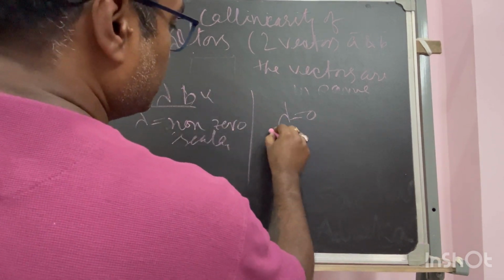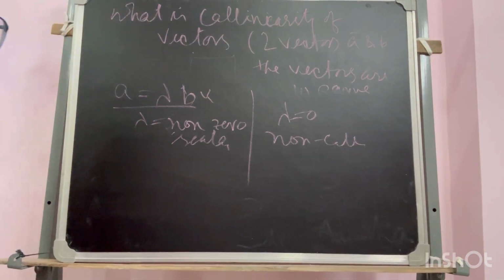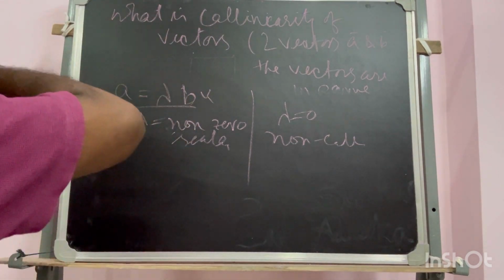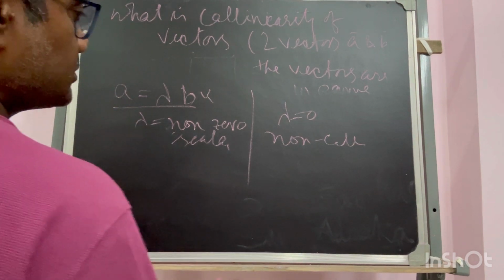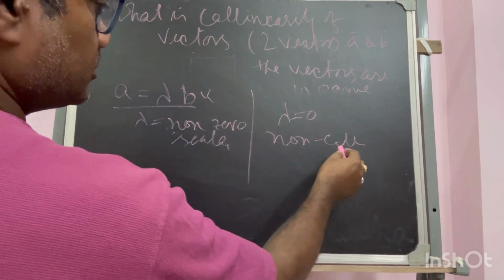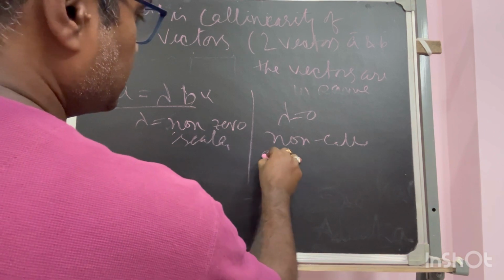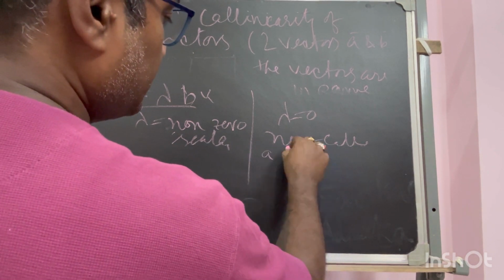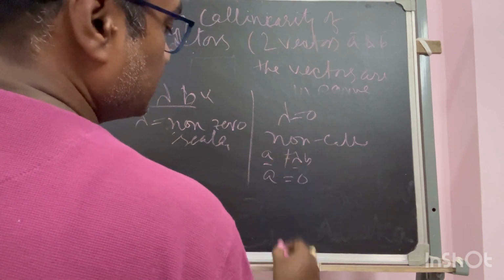If lambda is equal to 0, it is non-collinear. Because a and b cannot be 0, since we are saying they are non-zero vectors, the only way it can be 0 is if lambda is equal to 0.